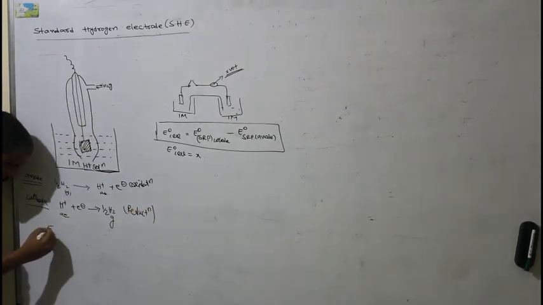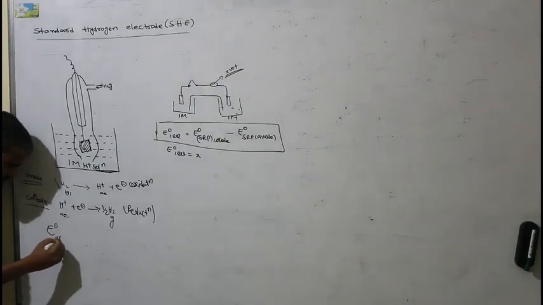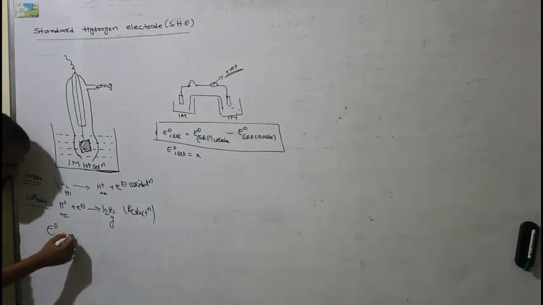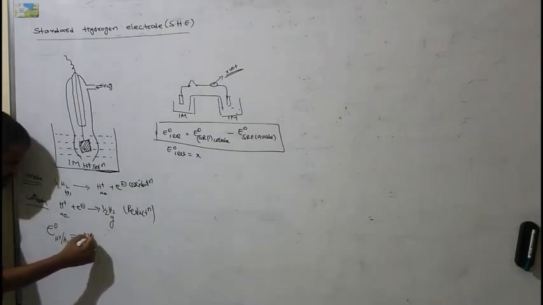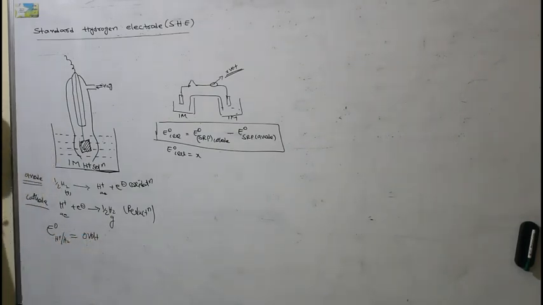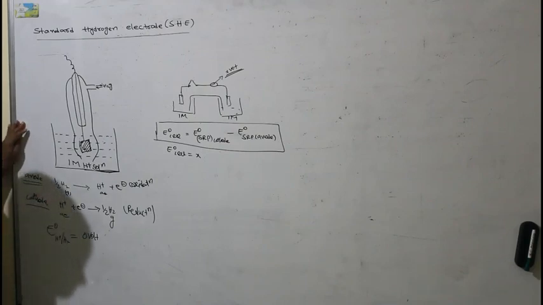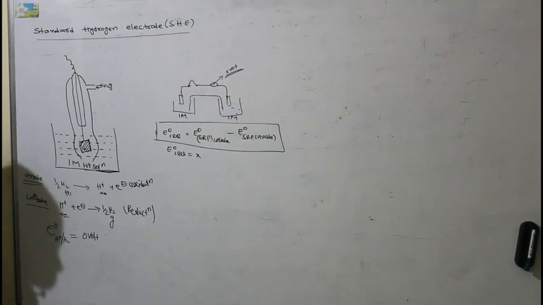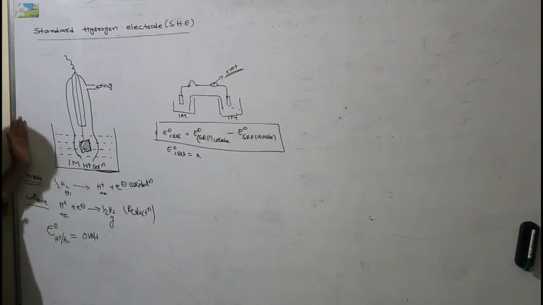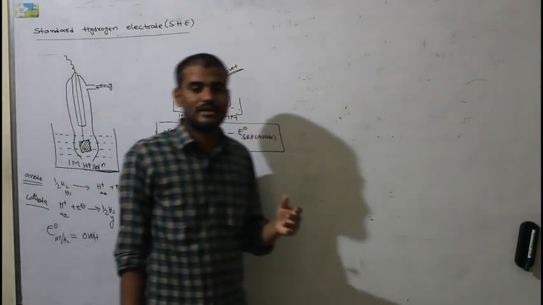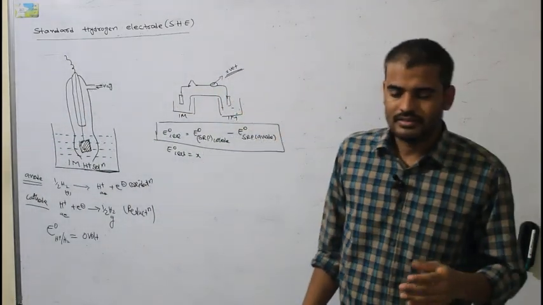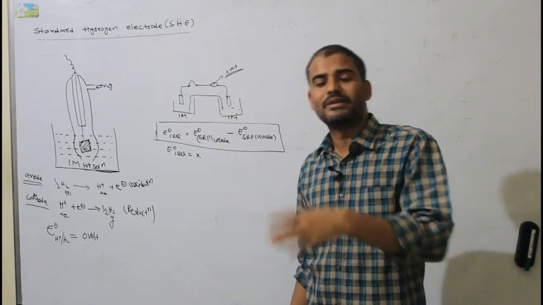The standard reduction potential of the hydrogen electrode is 0 volts. This is the known one. Even the oxidation potential becomes 0 volts only. Since it is known, by using it we can predict the reduction potential value of unknown metal electrodes.